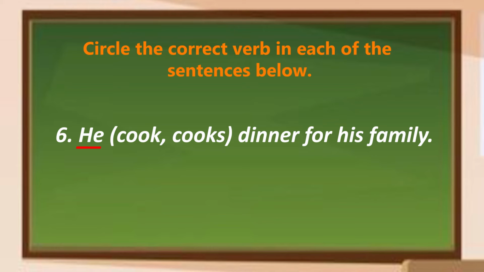And the subject is singular or plural, class? It is singular. Therefore, it must be followed by a singular verb. And in this case, it would be the word cooks. Very good. Now let's read the sentence as a whole. He cooks dinner for his family.